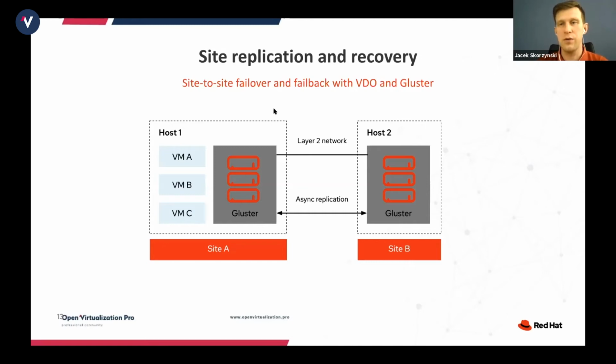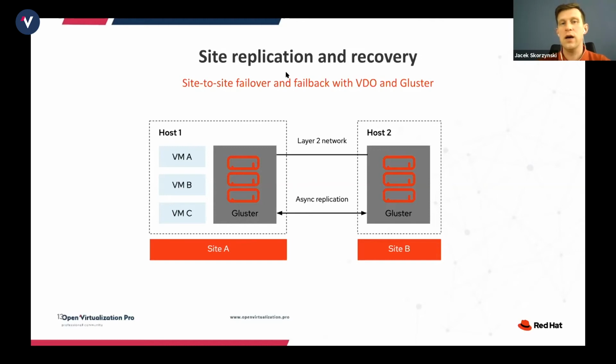Gluster also gives us an option for the replication scenario: geo-replication. And as Gluster fully relies on RHEL, we can use VDO for the Gluster bricks to be deduplicated and compressed, so we can gain storage from it.